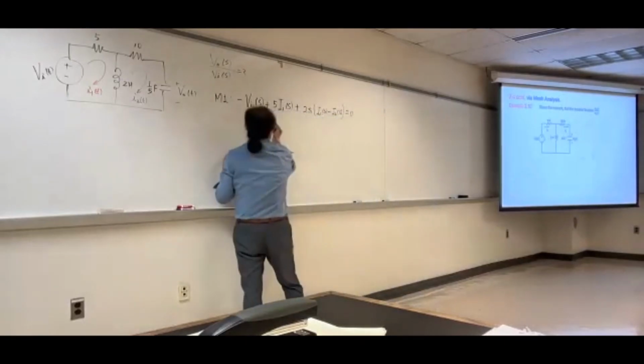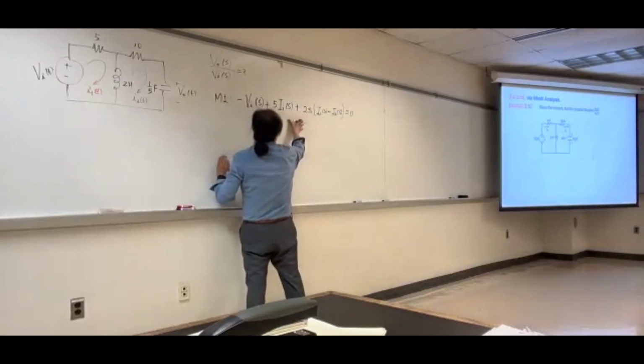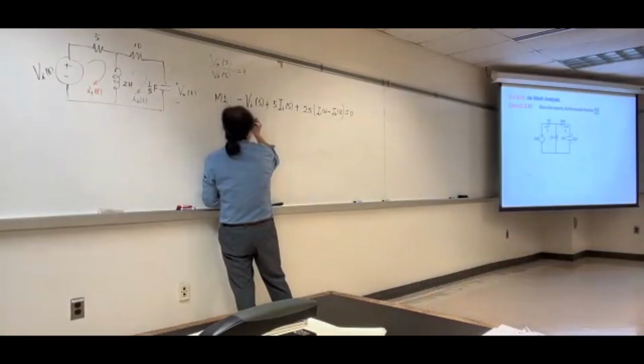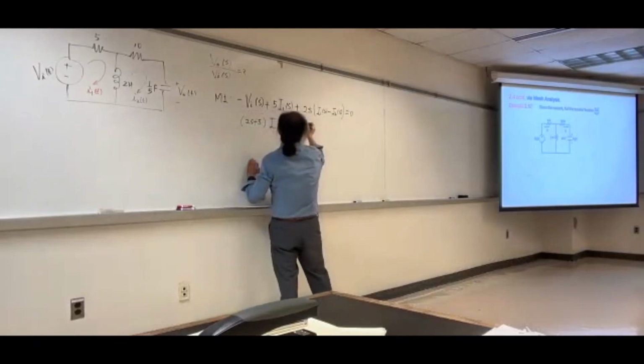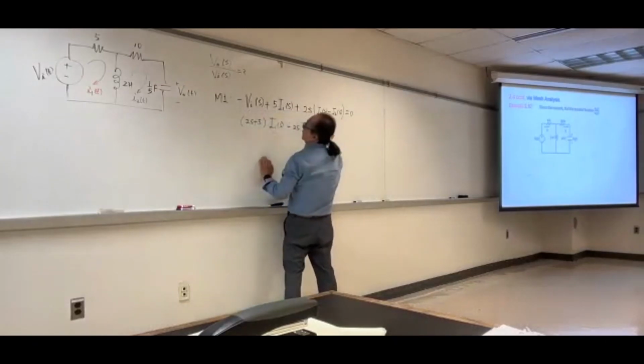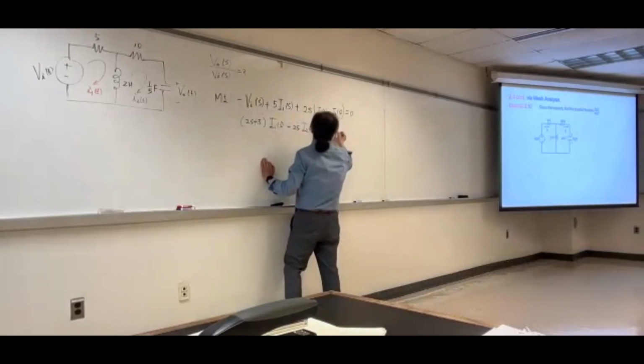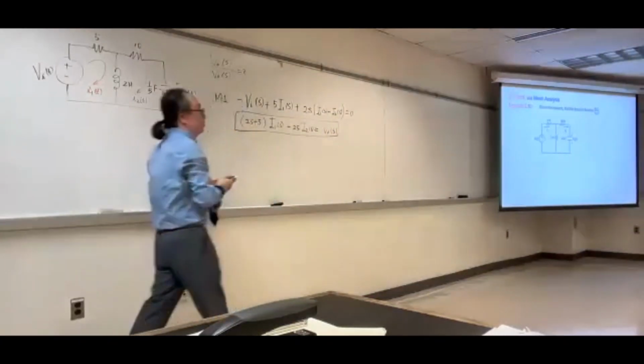Let's combine the I1 terms together: 2S plus 5, I1(s), minus 2S, I2(s), equals Vi(s). That's our first equation.